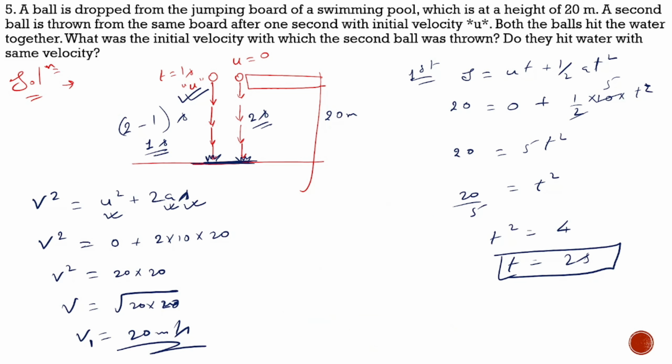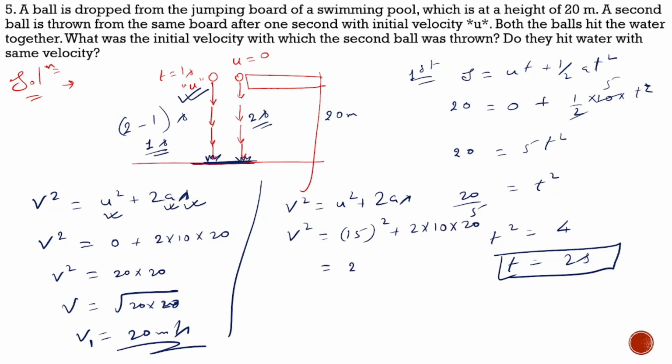Now for the second ball, v square equals u square plus 2as. V square we don't know. U square was the initial velocity, and we have found the initial velocity as 15. So 15 square plus 2 into 10 into distance, which was 20.